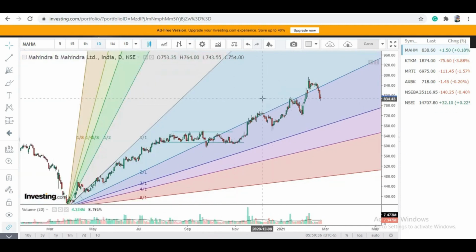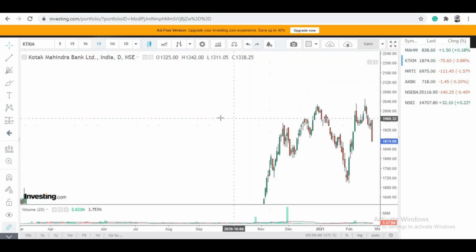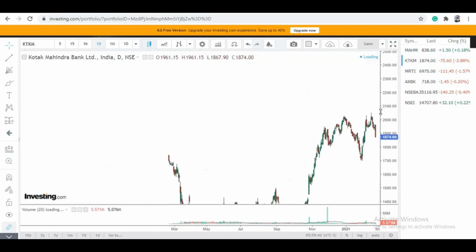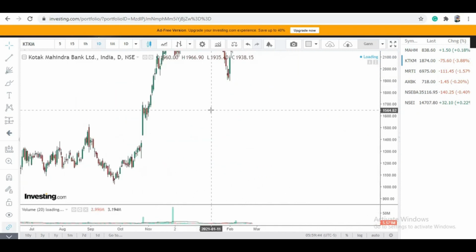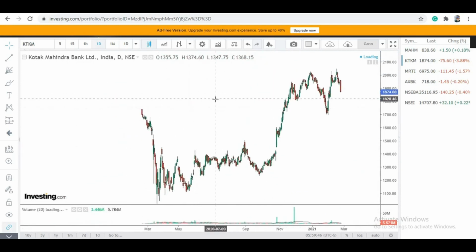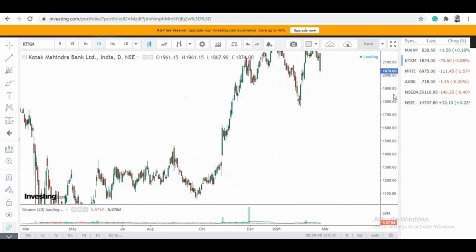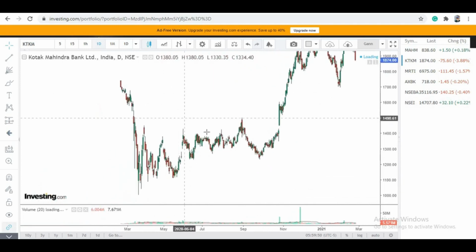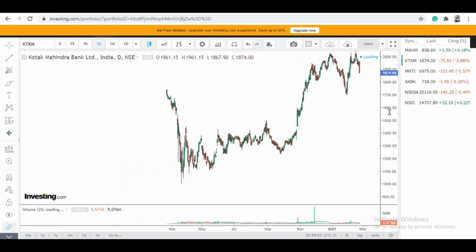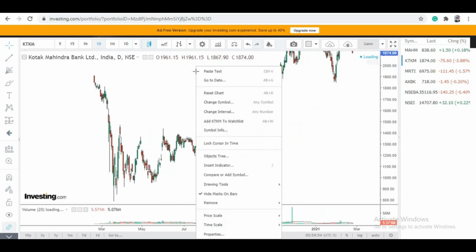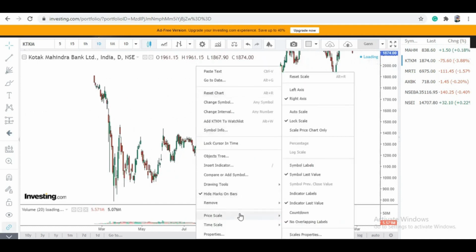And now I'll take another example for that. Kotak Bank, you can take any bank also. So first, what we need to do, we need to find the swing low and then the swing high. I need to first unlock the price scale.